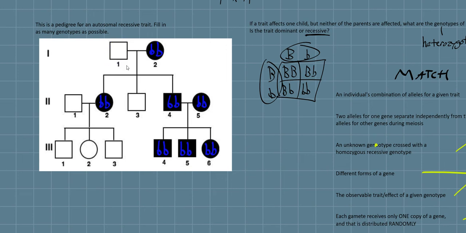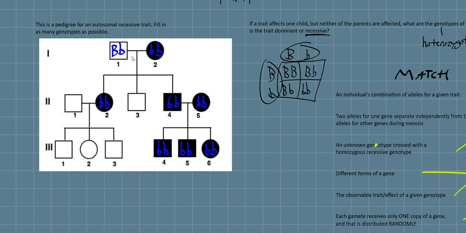For this person here, we know for sure they have at least one big B, but we don't know about the other letter. If we look at their offspring, they've got 2 who are affected and 1 who is not. Well, we know for sure that if they had big B, then all of the offspring would inherit at least one big B. Since 2 of them inherited 2 little b's, the second little b had to have come from the father here.